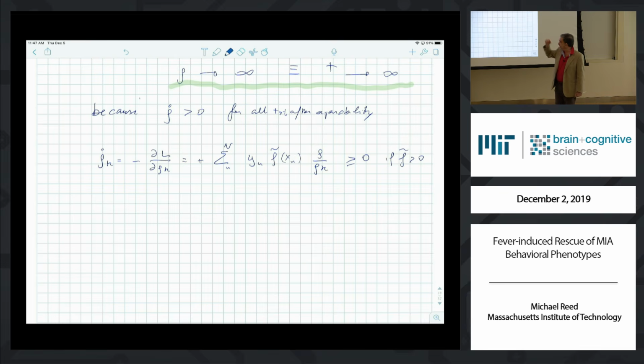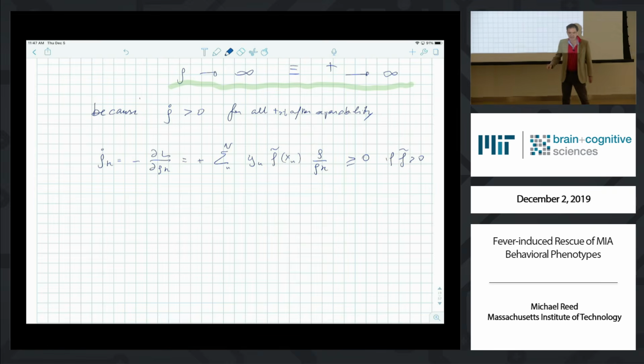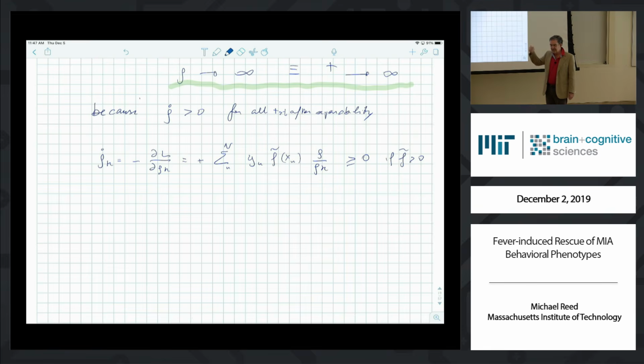From the same Lagrangian. And then since rho dot increases monotonically, it is essentially equivalent to take the limit for time going to infinity. So rho to infinity and time going to infinity are equivalent.